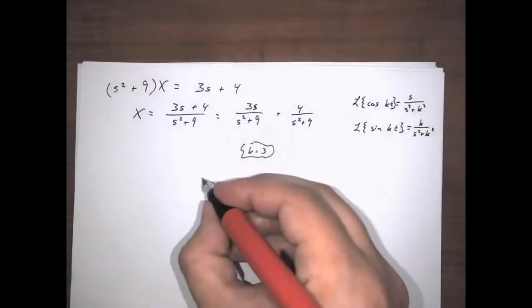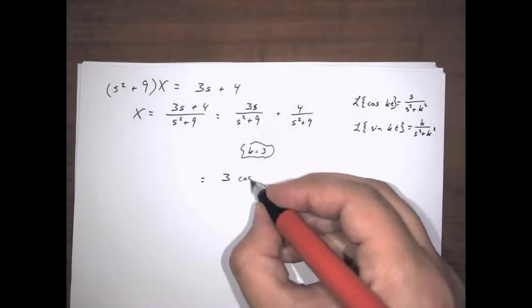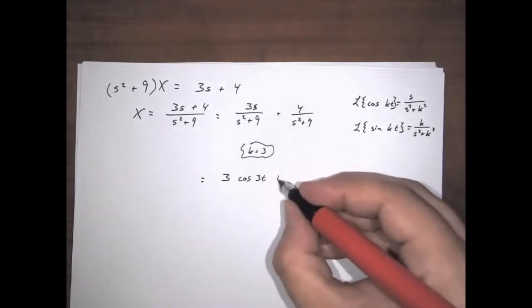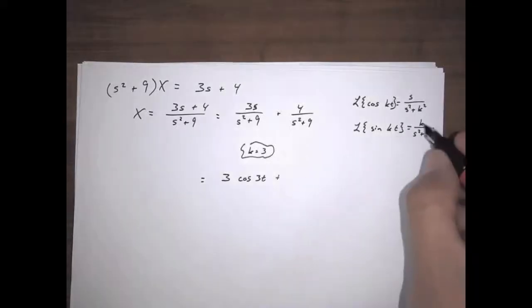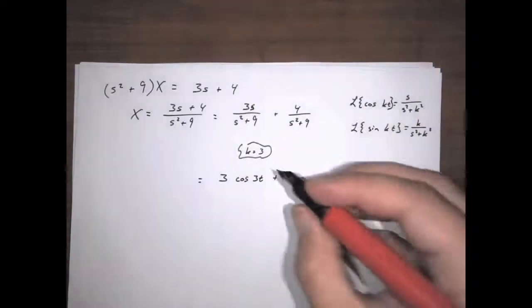And so this is going to be equal to 3 cosine 3t plus, now we were expecting to have a 3 on the top of this, but instead we had a 4 on the top of this.